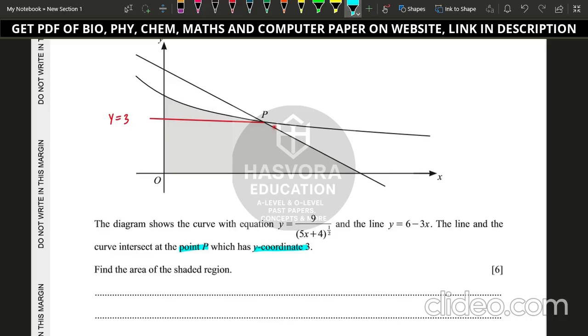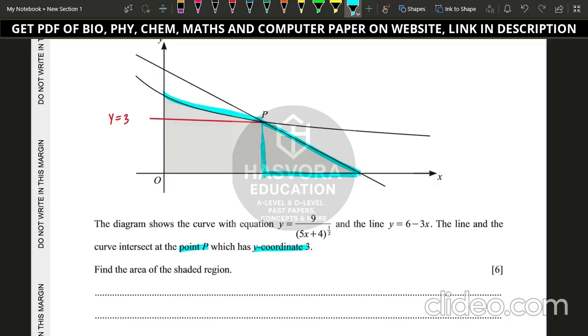First of all, for this whole region till the point P, I'm going to be integrating this curve. And after this point, I'm just going to use the limits and find it using the area of the triangle.